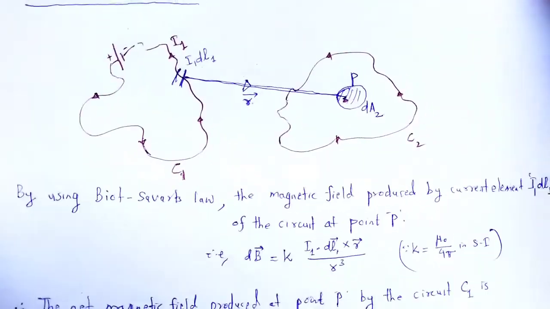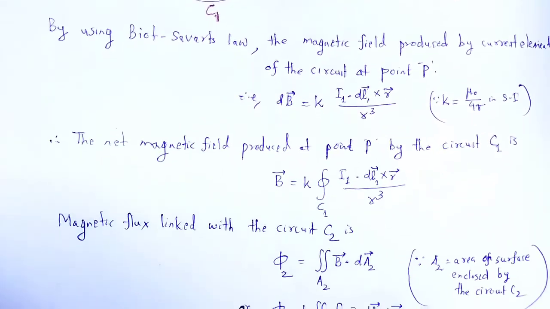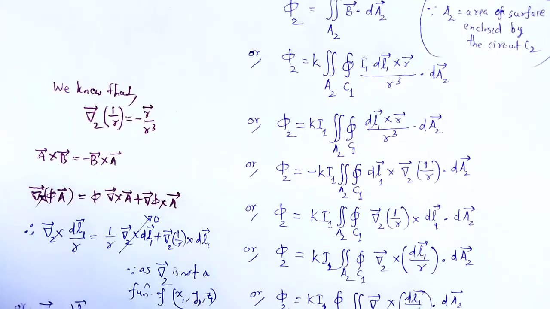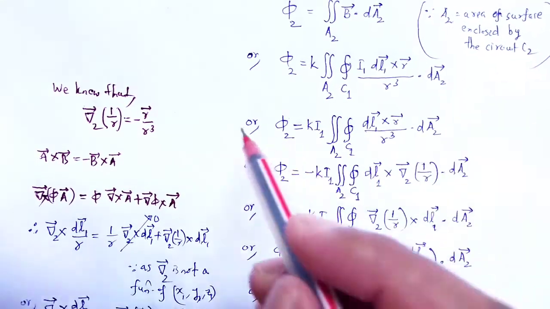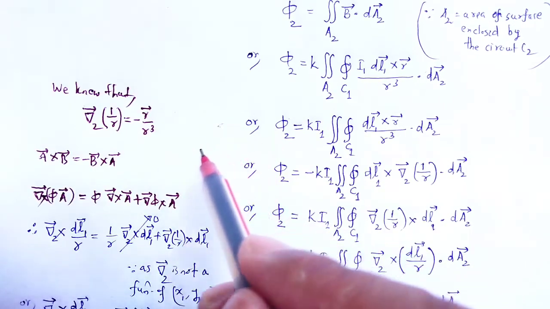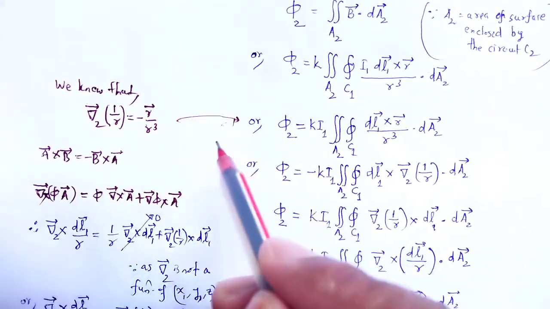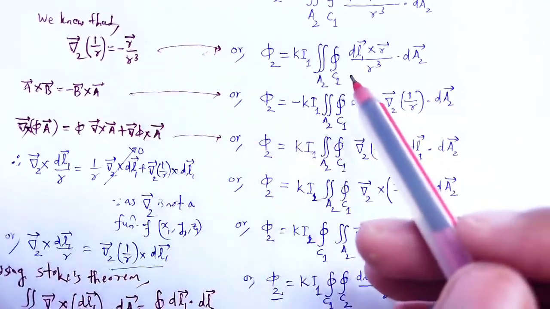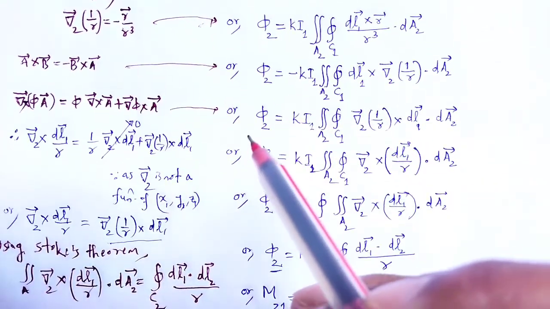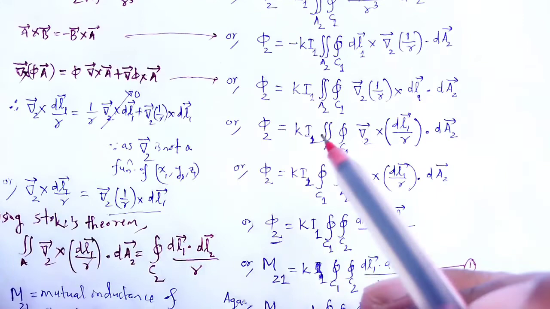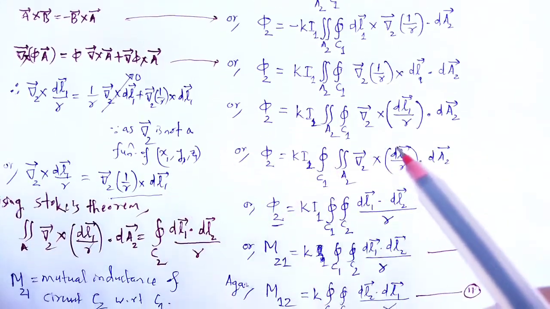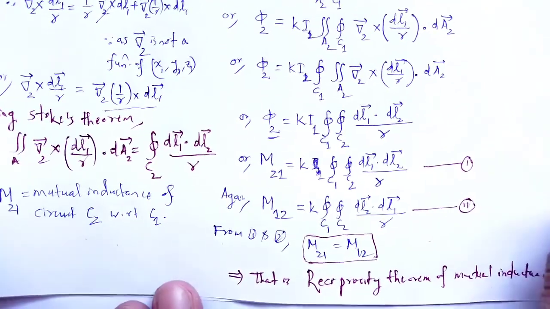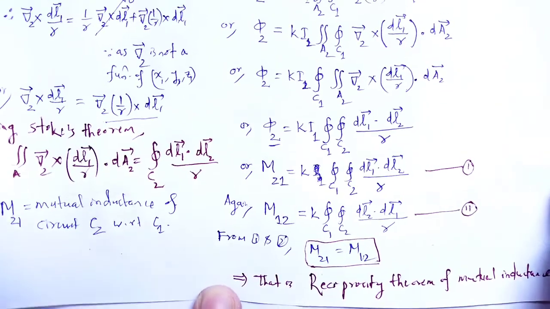We take two circuits, and these are the reasons why that equation reduced like this, giving M21 and M12. That is the reciprocity theorem of mutual inductance.